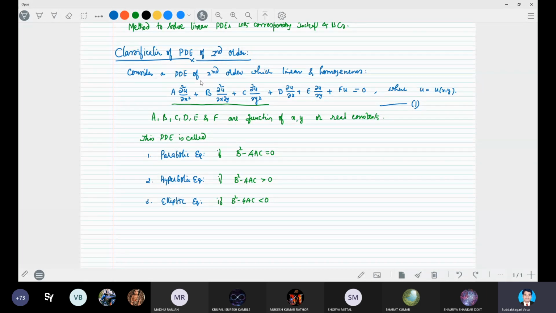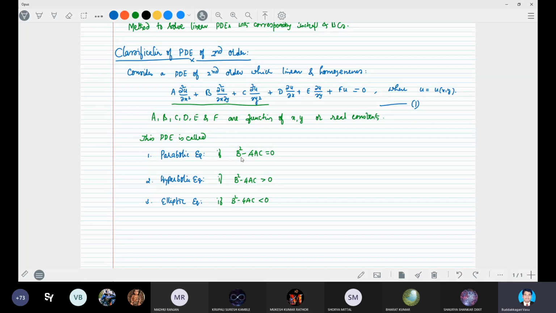Okay, so any second order differential equation can be classified through the coefficients of the second order derivatives, where A is taken as the coefficient of dou square u by dou x square, B is the coefficient of dou square u by dou x dou y, and C is the coefficient of dou square u by dou y square. From that we can calculate b square minus 4ac.